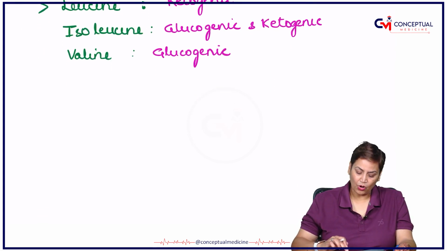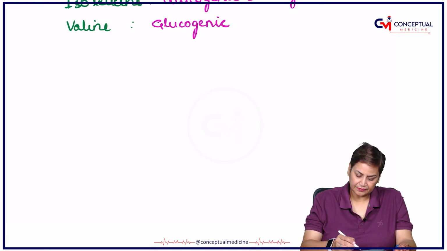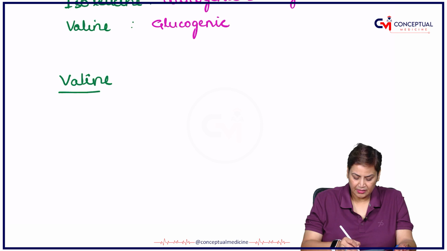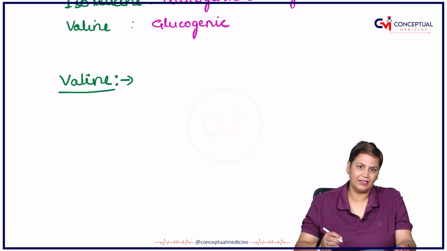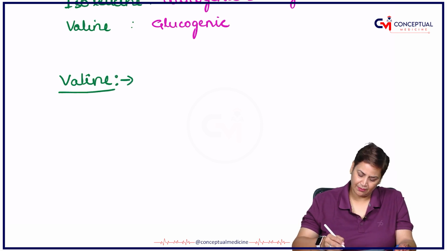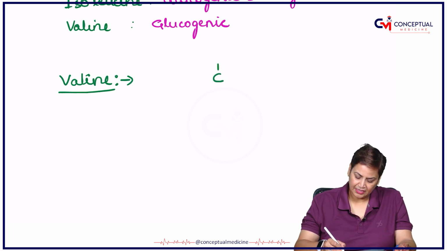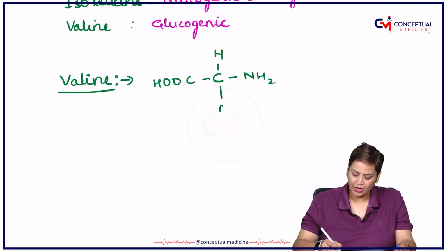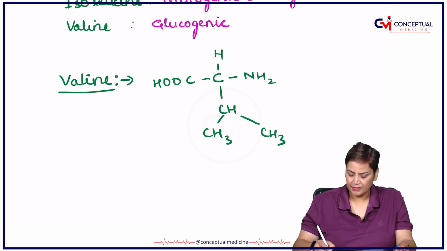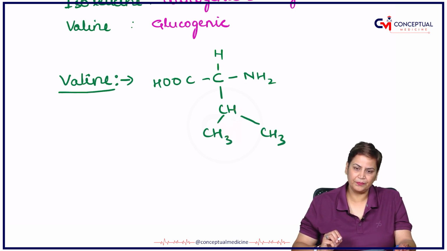Now, if we talk about the structures, all are branched chain. So, if we talk about valine, the generalized structure will be the same, NH2 and COOH. Now, instead of the R group, it will have this type of structure. So, this is a branched chain, right?